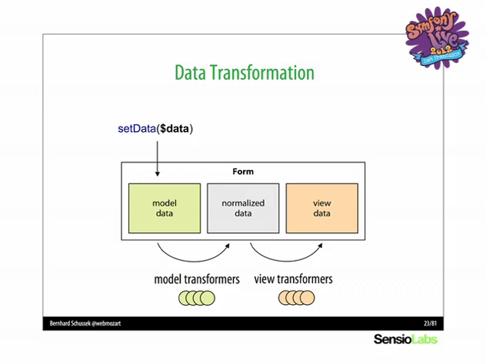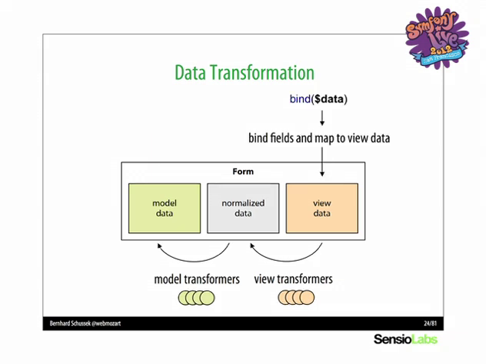Okay? The same happens when you bind the form. When you bind the form, some stuff happens first that I'll be talking about a bit later on, and then the bound data, more or less in view format, is reverse transformed to normalized format using the view transformers again, and then reverse transformed to model format. This way, the three formats are always kept synchronized. Okay?